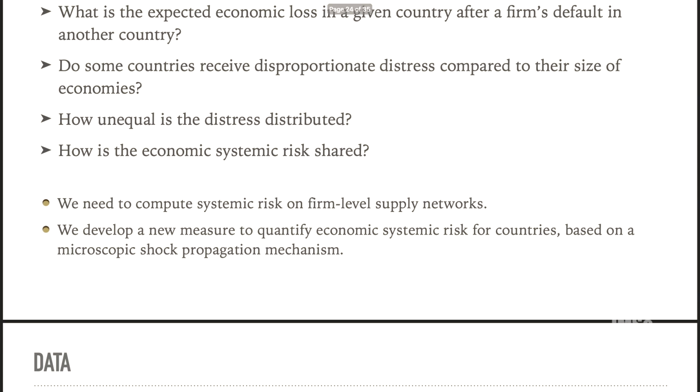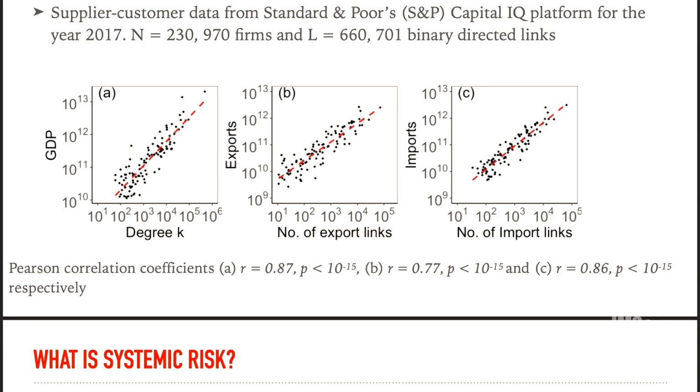Before going to the mechanism, let me explain the data. We have around 200 firms, which is much smaller than the national firm count, so the data is not very good, and around 600 binary directed links. We calculate the sum of the degrees of the firms within a country and compare it with its GDP.